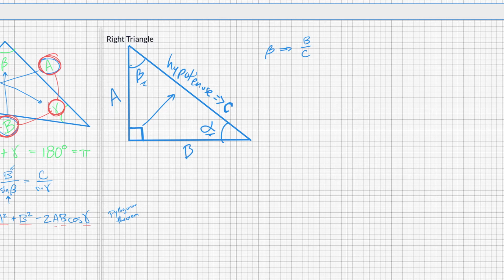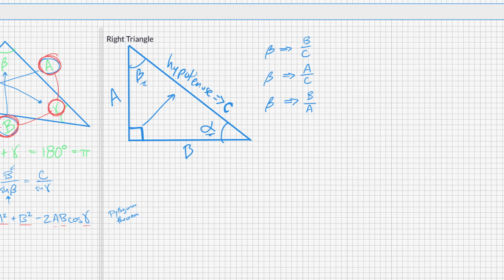And if you know it's a right triangle and you know beta, then you can also say that the ratio of side A to the hypotenuse is always a certain value. And you could go one further and say that the ratio of these two other sides, in this case B over A, is always the same. They could have used different ratios. These were just the ratios that they used.